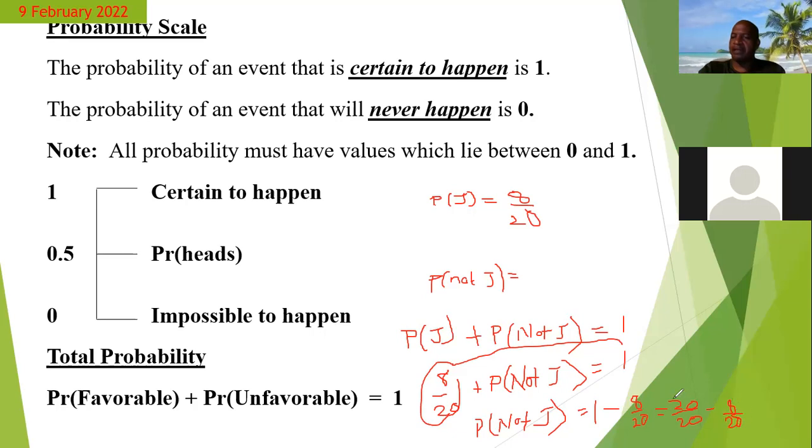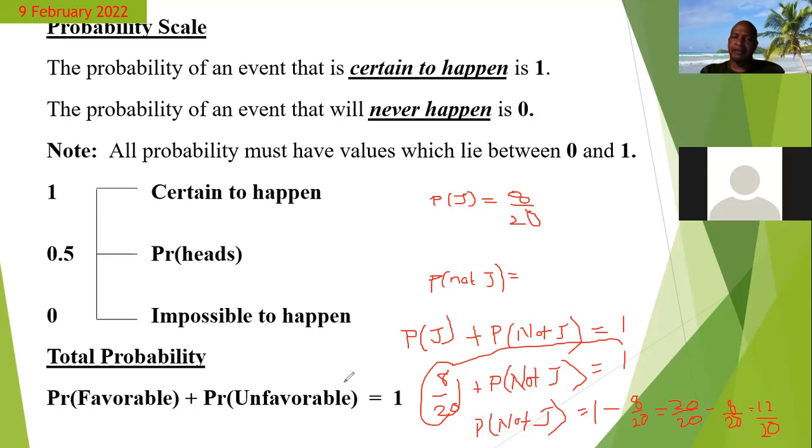We take away 8 from 20 in the numerator because the denominators are the same. So 20 minus 8 gives you 12 over 20. This shows that if we know the probability of something happening, we can calculate the probability of it not happening by subtracting the probability of it happening from 1. So that's all we are saying.